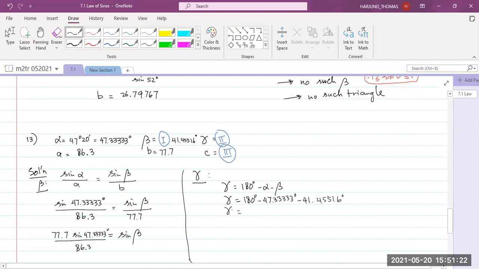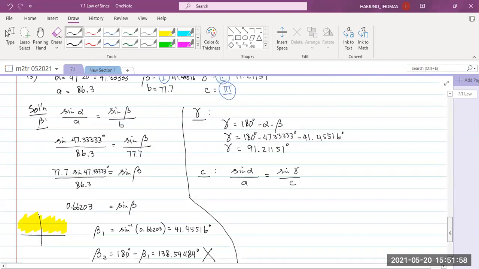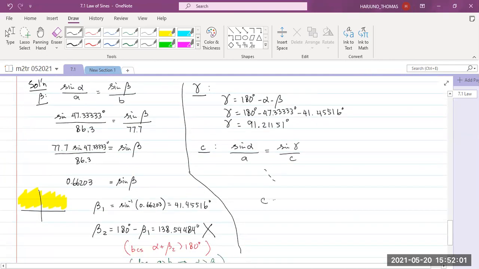So 180 degrees minus 47.33333 minus 41.45516. That is 91 something. So this will be 91.21151 degrees. Now then, side C, as you expect, I will use sine alpha over A equals sine gamma over C. You will get C equals something.